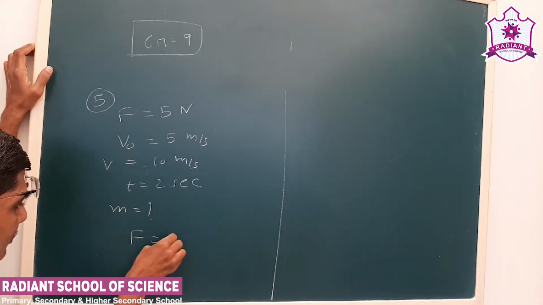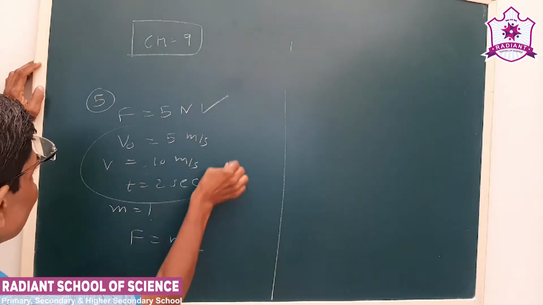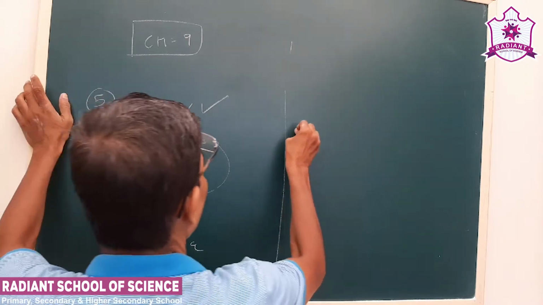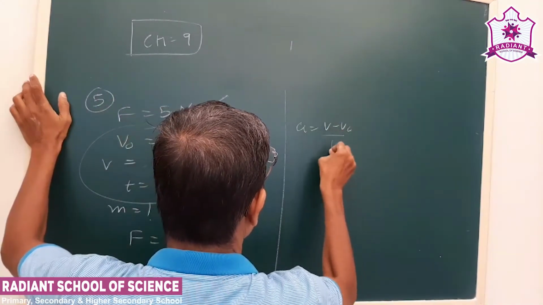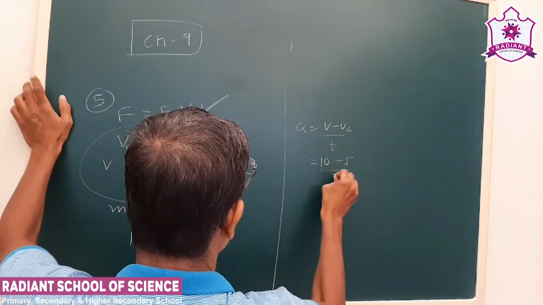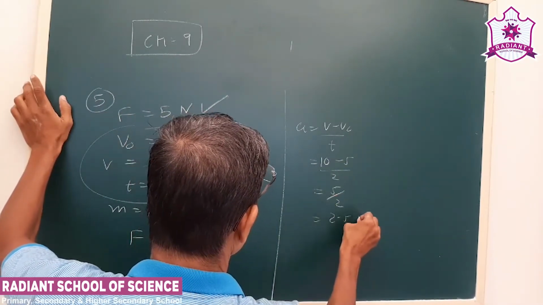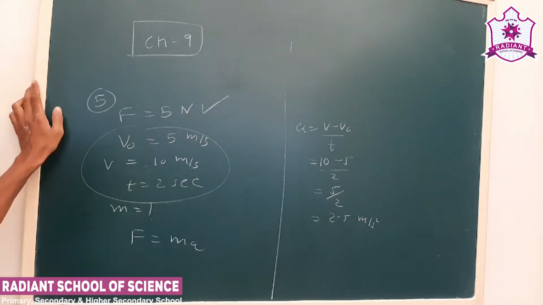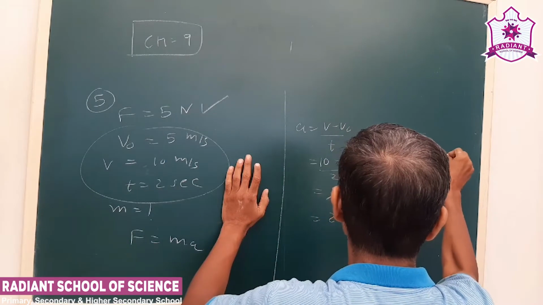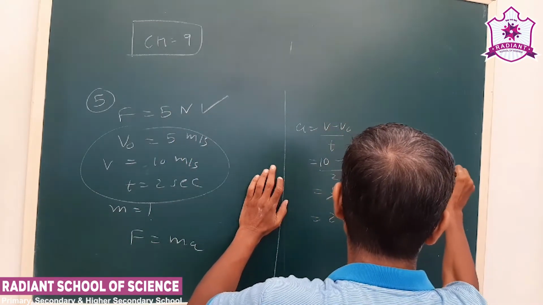Now see here, the equation is F is equal to ma. Force is given. From this we can obtain the value of the acceleration. a is equal to v minus v0 upon t. Now 10 minus 5 upon 2. Now we use the equation F is equal to ma. Force is given as 5 Newton. m we have to find out.